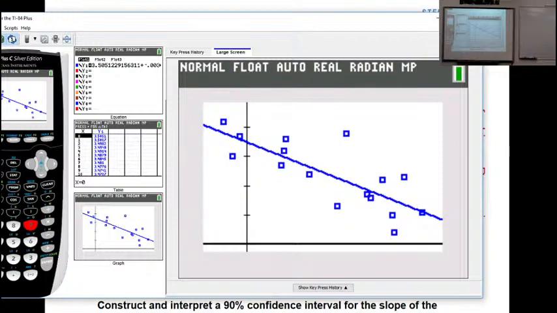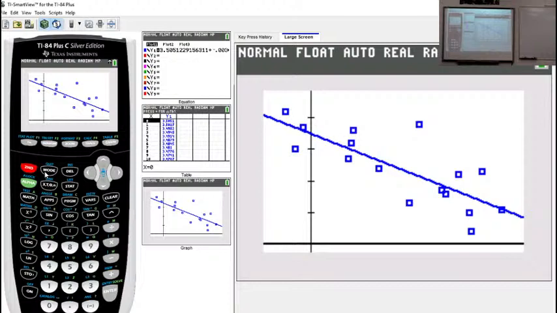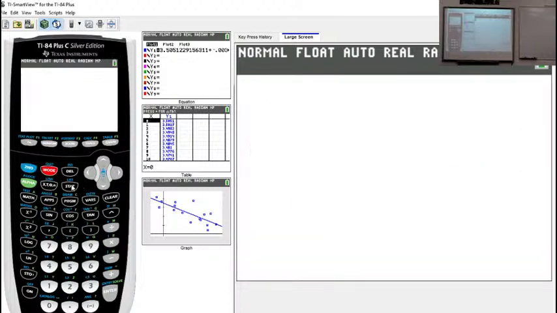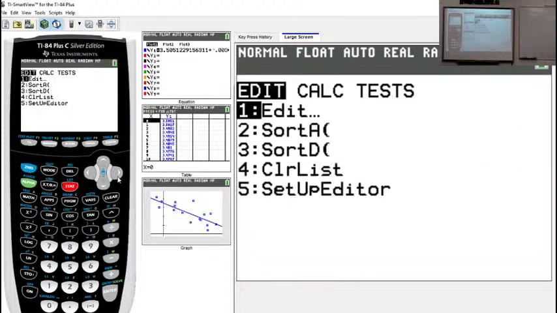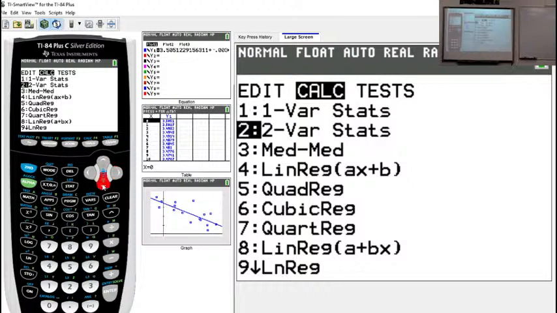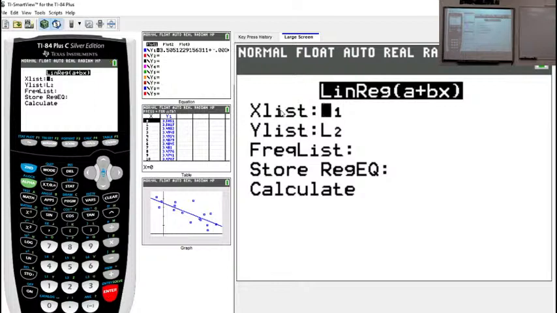Okay. So just a reminder of how to get the line. Stat. Over to calculate. I go down to A plus BX. That's the general format of it. X list 1.